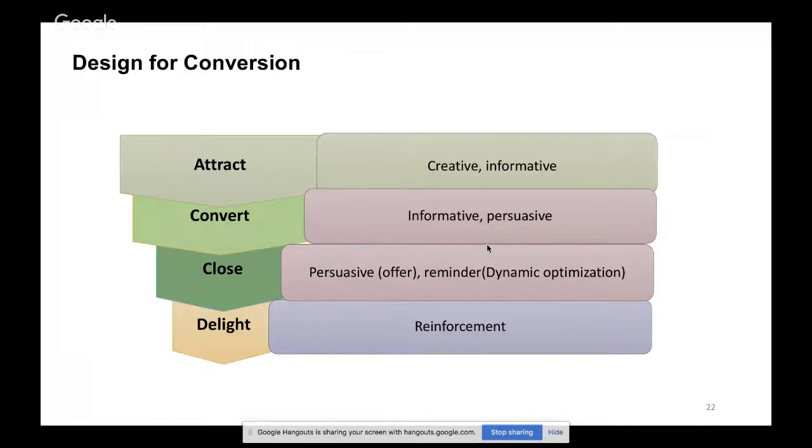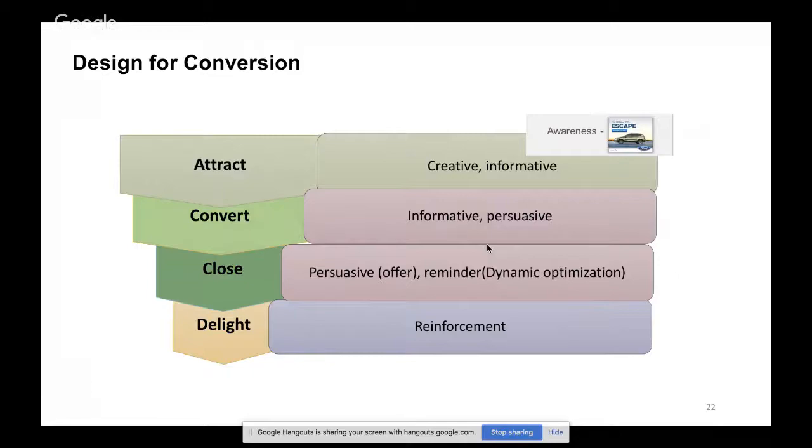Okay, so at the first stage, customers are mainly looking for information. At the first stage, which is the attract stage, the objective is to attract customers' awareness. This is a stage where we should provide creative and informative information. So the main objective of marketing at this stage is to raise the awareness.